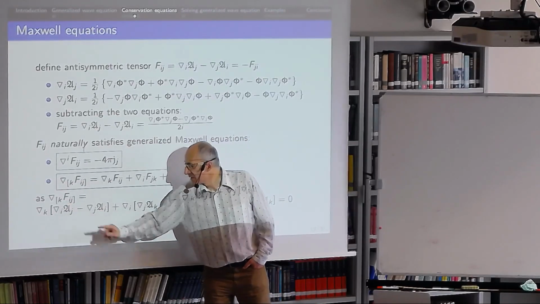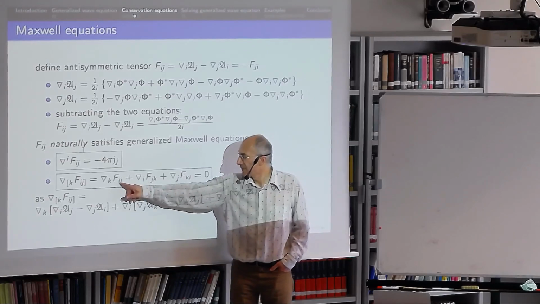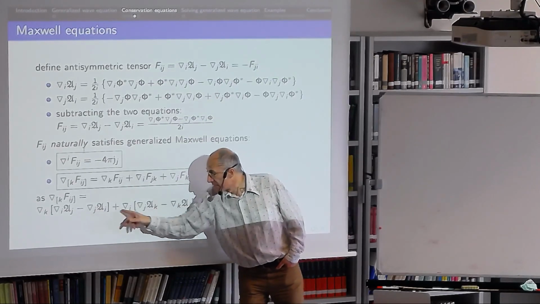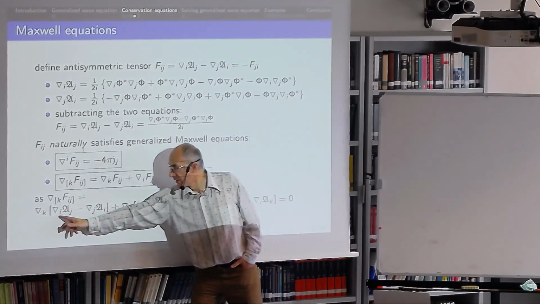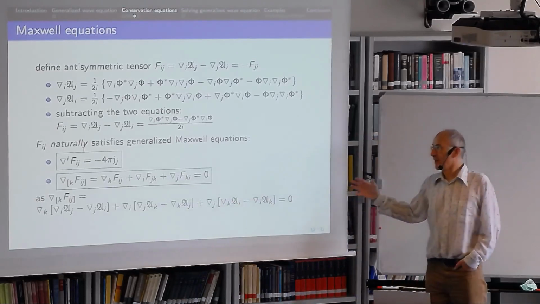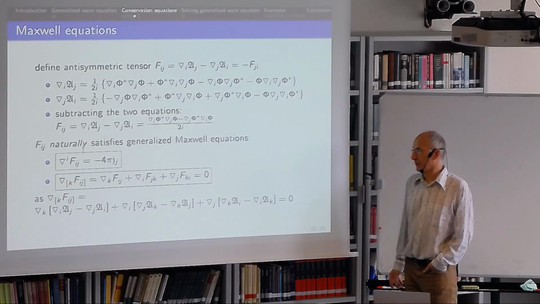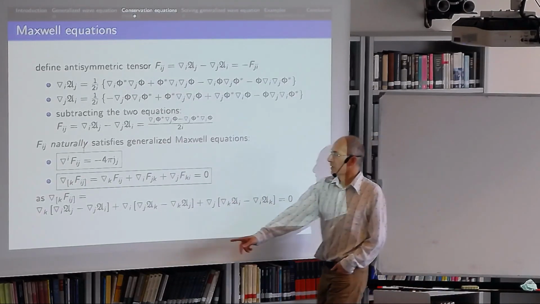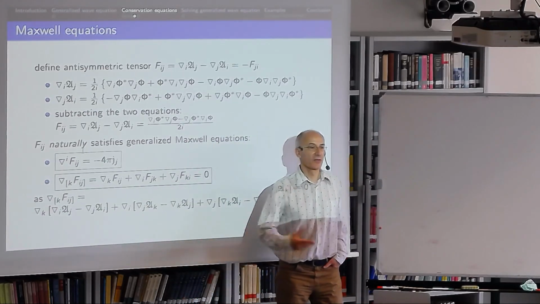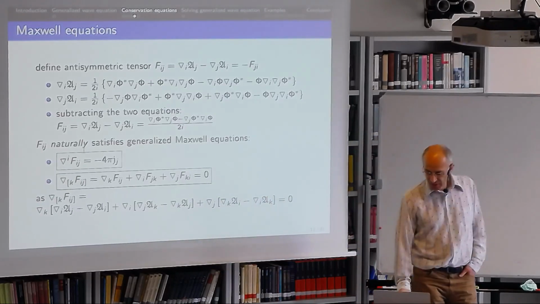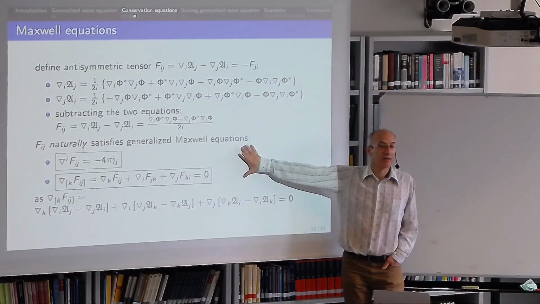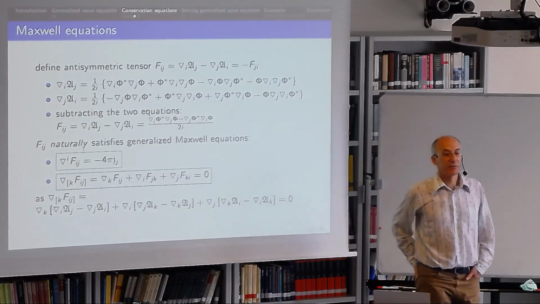And it's explicit here, because if you replace Fig by the value we give here, knowing that we can change the order of derivatives, all the terms come once positive and once negative. For example, this one, which is positive here, is negative here, and so on. So naturally, we get a 0. And these two equations are actually the generalized formulation of the Maxwell equation.